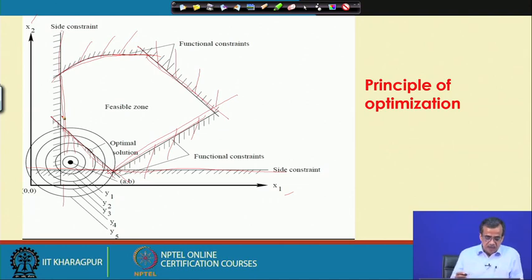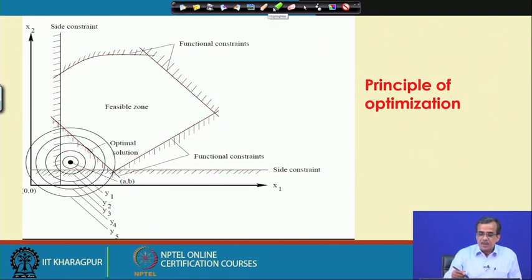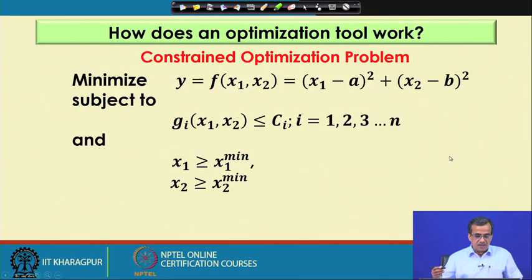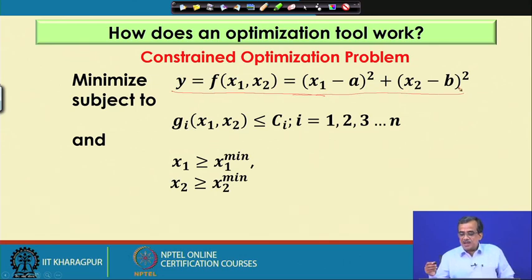So, what we do is, we have got this objective function, that is y is f of x 1, x 2. So, that is nothing but (x 1 minus a) square plus (x 2 minus b) square, and this is a minimization problem.